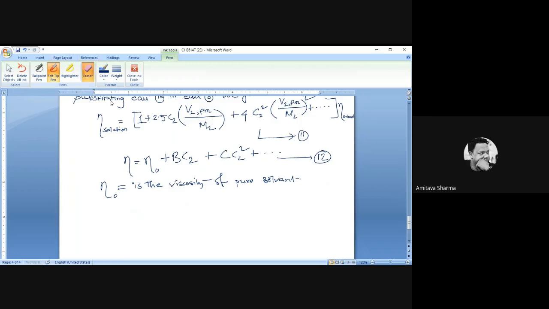Up to now we have calculated the viscosity, and by using the viscosity coefficient we have calculated the concentration, and from the concentration we can easily calculate the molar mass of the polymer solute.